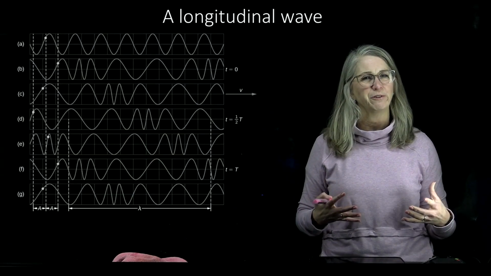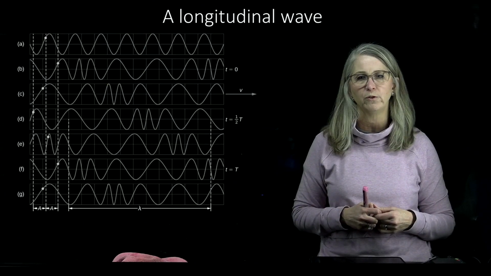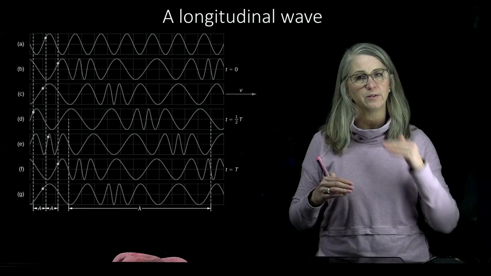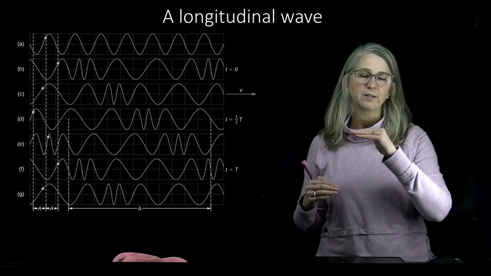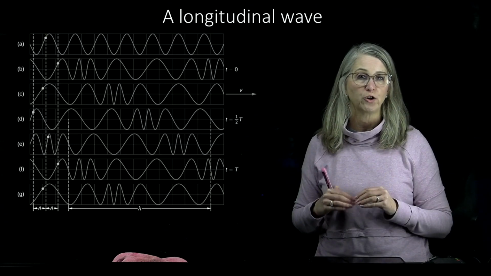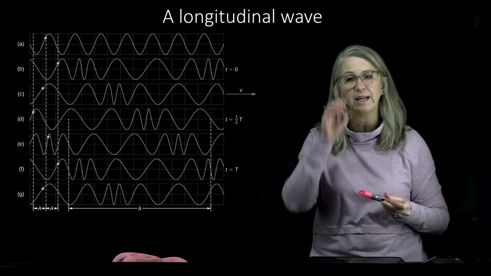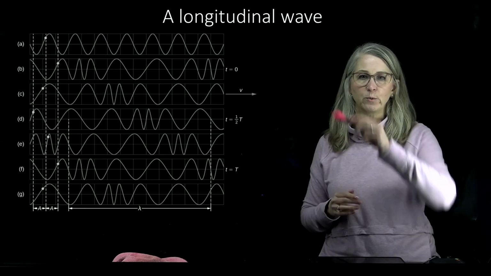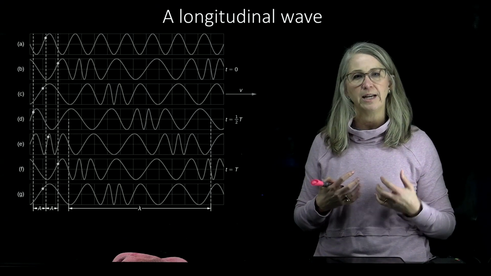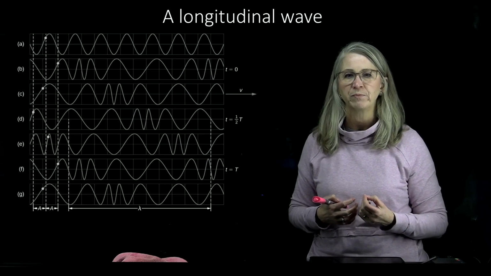Now, here's a picture. This is a different illustration, but it's more helpful to look at it this way. This is a successive sequence of snapshots of a longitudinal wave. As we go down from top to bottom, the time that has elapsed is increasing.